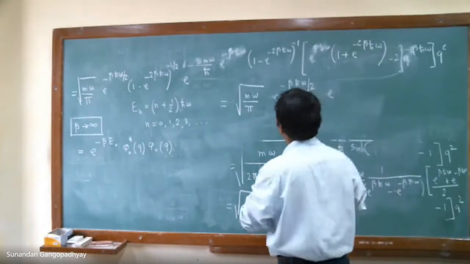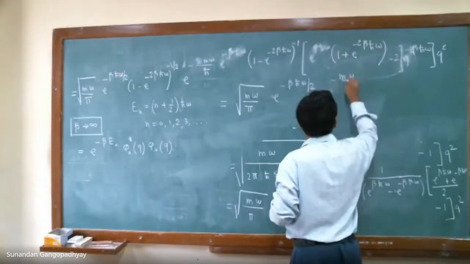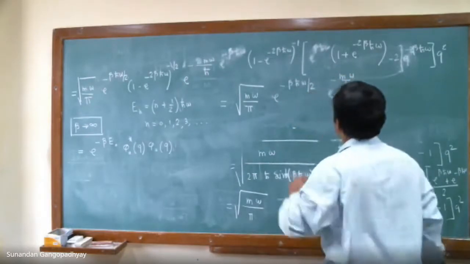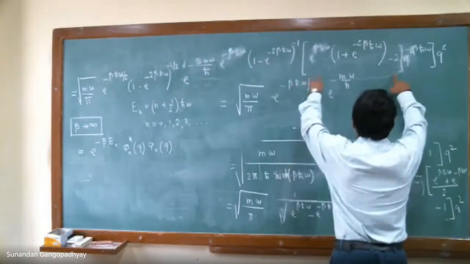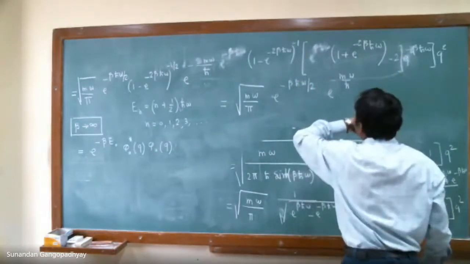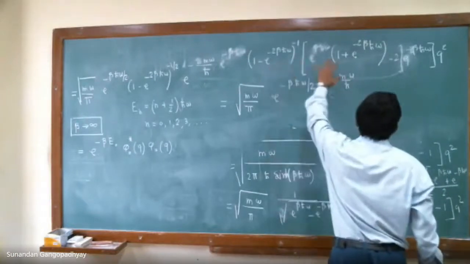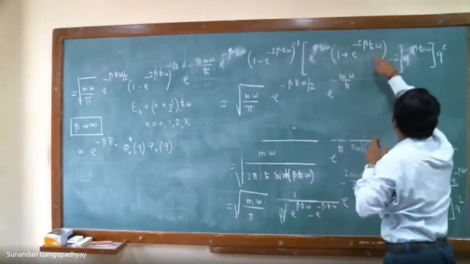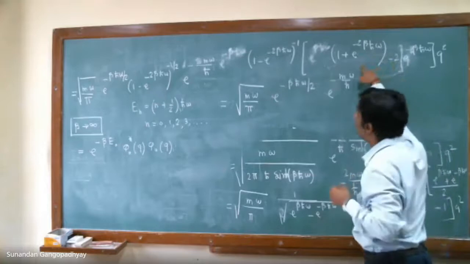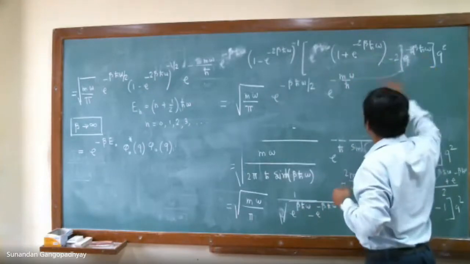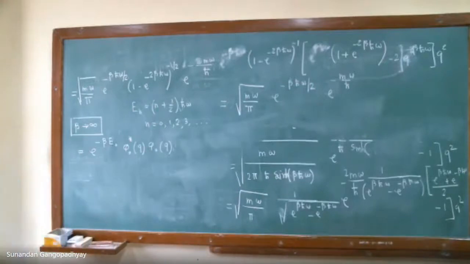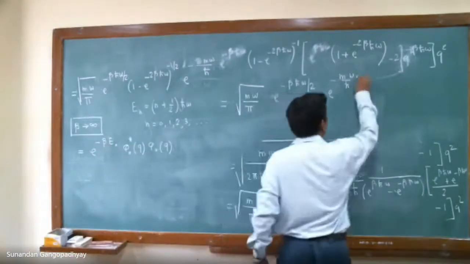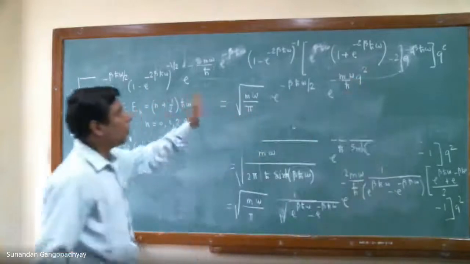Then you will have e to the power of minus m omega by h bar, and here also if you multiply this out, you can throw these terms out, and this is e to the power of minus beta h bar omega. If you do these expansions, what you will get is e to the power of minus m omega by h bar q square. You can throw all the other terms out.